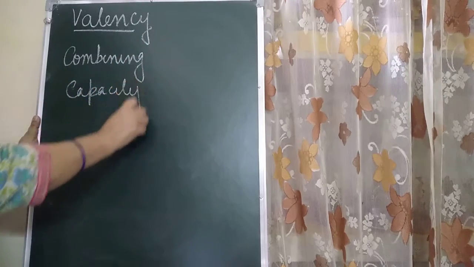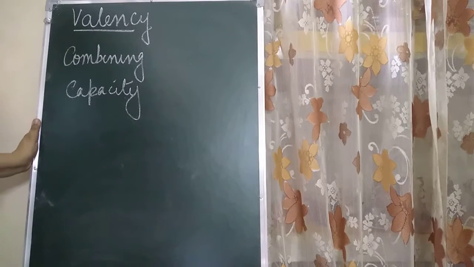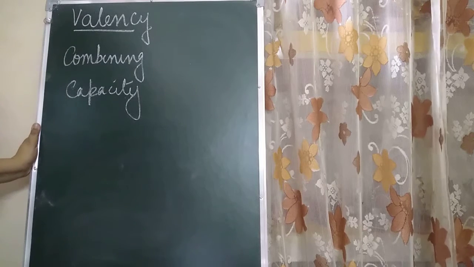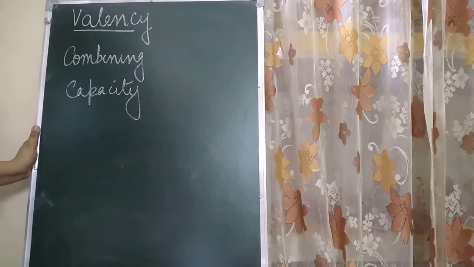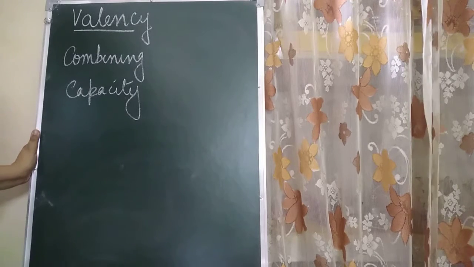The valency of an element or group is the number of hydrogen atoms which can combine with or be replaced by one atom of that element or group.